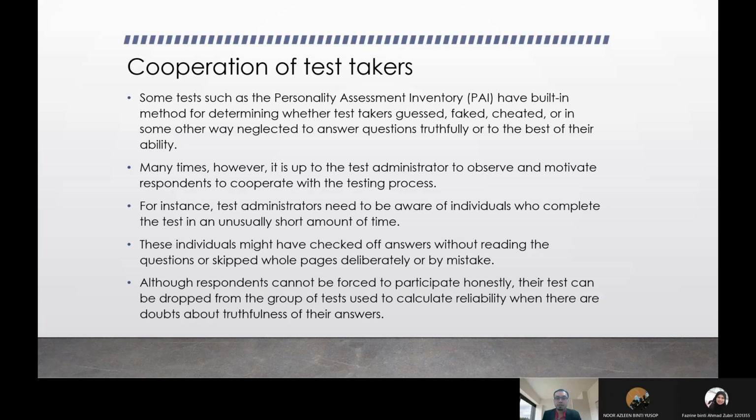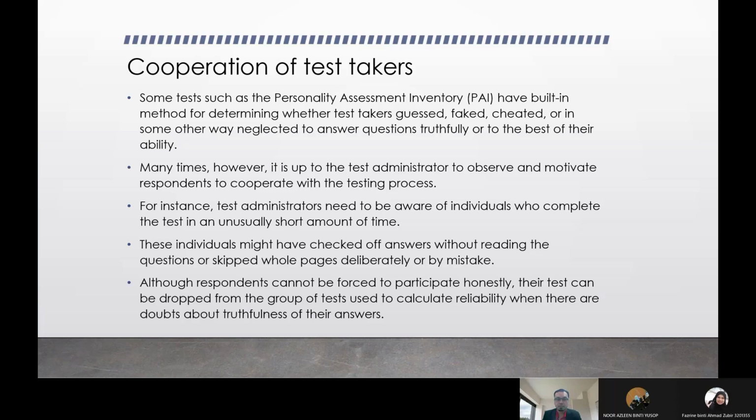So, cooperation of the test taker: some tests, such as personality assessment inventories, have built-in methods for determining whether the test taker guessed, faked, cheated, or in some other way neglected to answer questions truthfully or to the best of their ability. Many times, however, it is up to the test administrator to observe and motivate respondents to cooperate with the testing process.